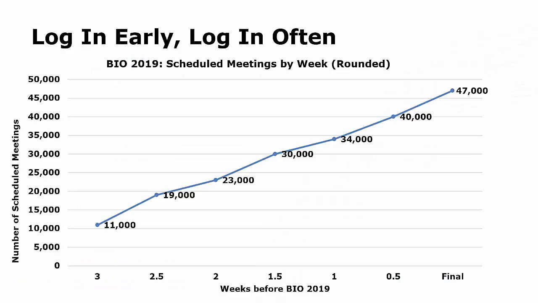Now, just to drive home the point about logging in early, logging in frequently, checking back often, this says Bio 2019, and that's actually Bio 2018, schedule meetings by week. So scheduling began 3 weeks out, just as it will for this year. And as you can see, there were 8,000 additional meetings scheduled just in that first 3 or 4 days.